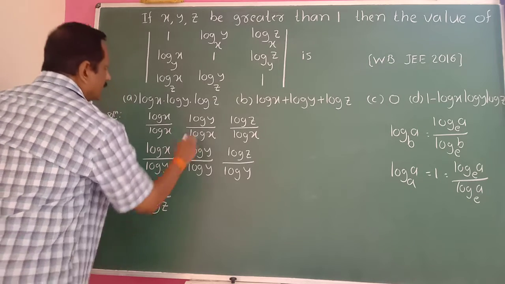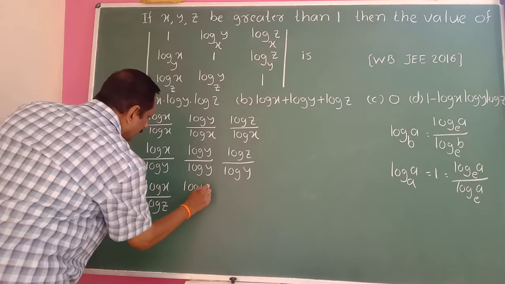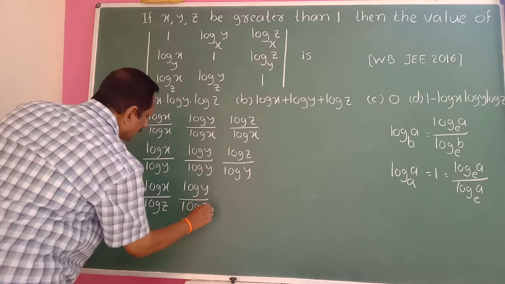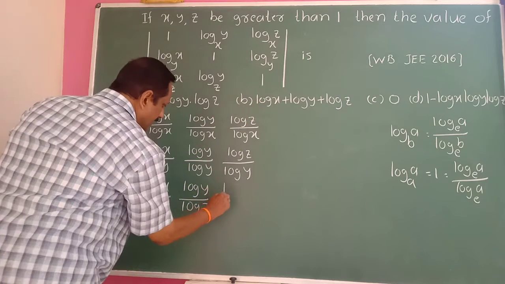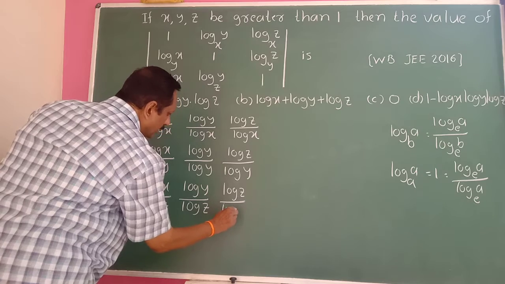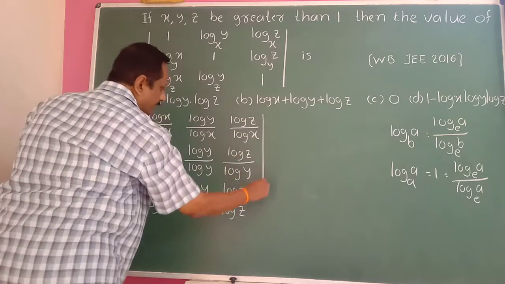Log y to the base z is log of y divided by log of z. And this 1 can be written as log z divided by log of z. Okay, this is a determinant.